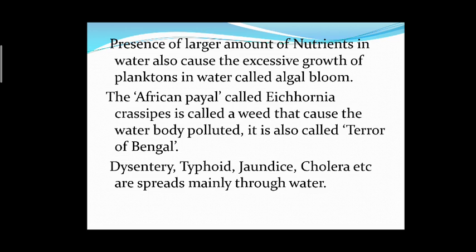This plant was introduced in India mainly due to its flowering nature. A blue flower is present in this plant, but this plant depletes the oxygen from the water bodies so that the fauna and flora will disappear. Dysentery, typhoid, jaundice, cholera, etc. are spread mainly through water.